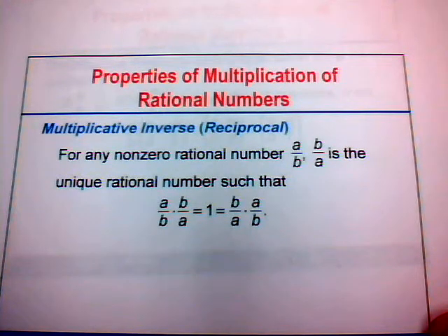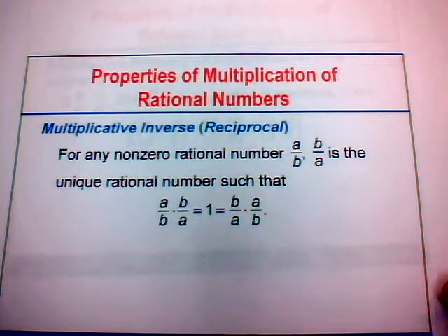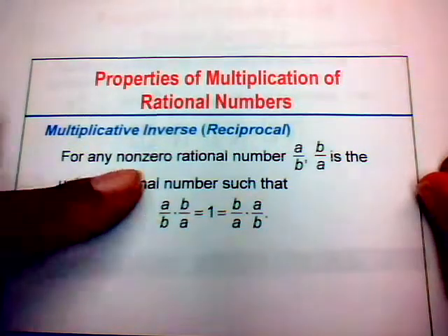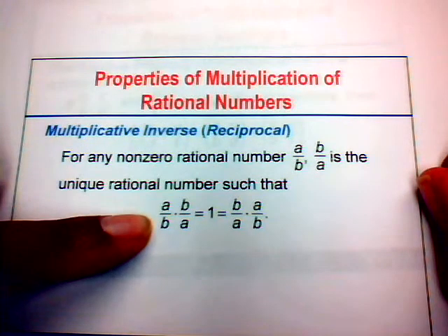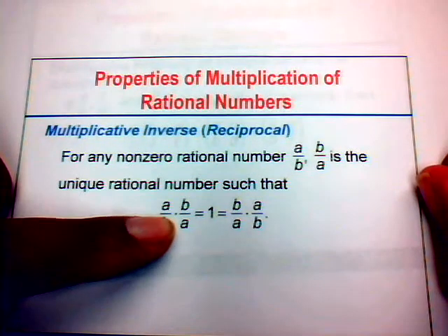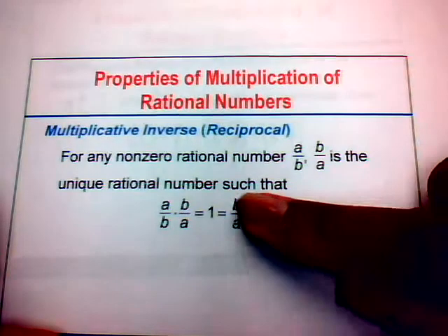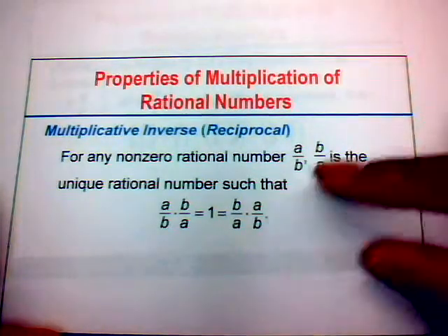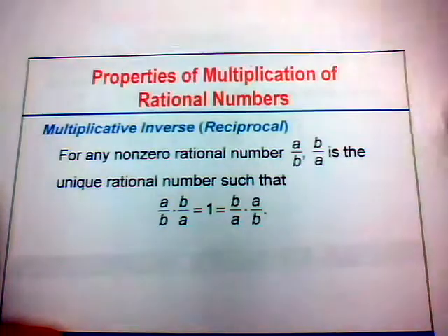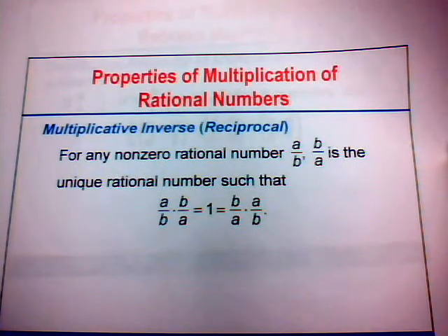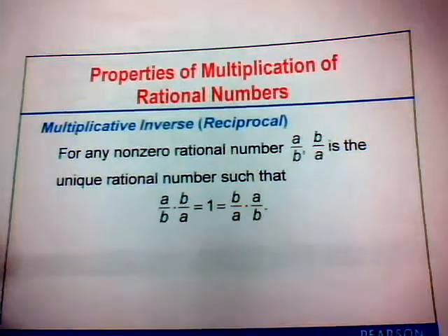Because if you take a rational number multiplied by the reciprocal, meaning you're just going to invert the numerator and the denominator, a over b becomes b over a when you take its reciprocal, or b over a becomes a over b when you take its reciprocal. And if you multiply that rational number and its reciprocal, the product will be 1.